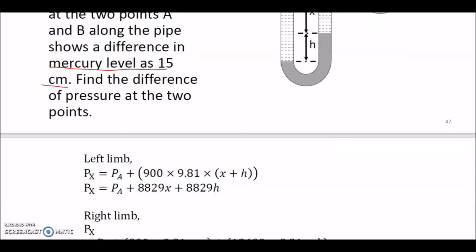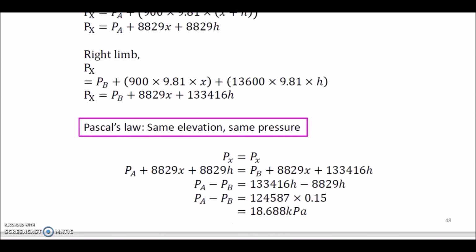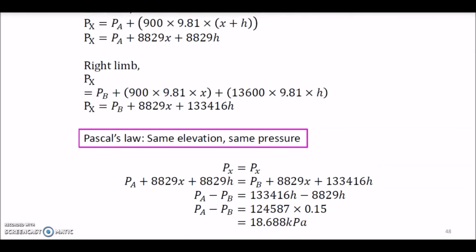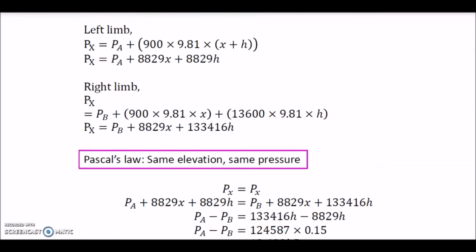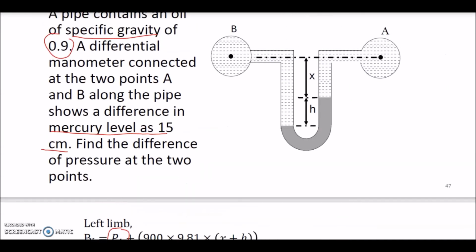So we have height X and H. So we settle for the left limb. Left limb, we have Px is equal to pressure at A plus 900, the density from the specific gravity, times 9.18 times the height, which is X plus H. Okay, it's here.